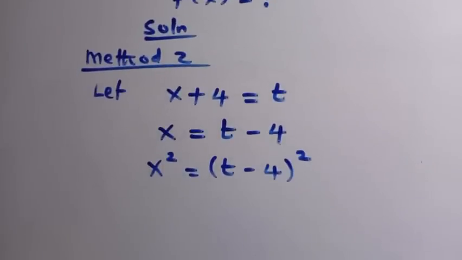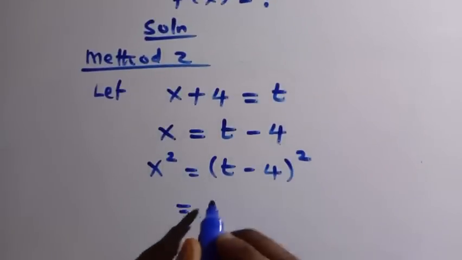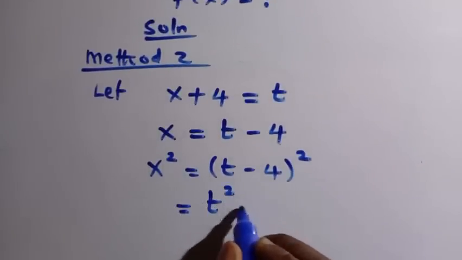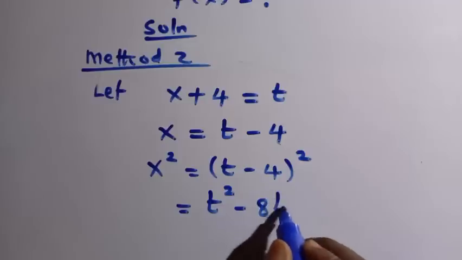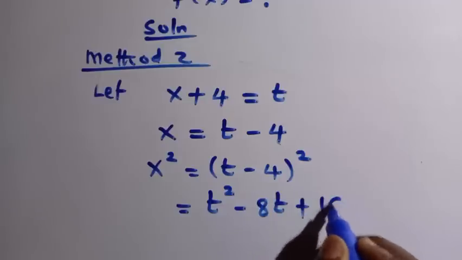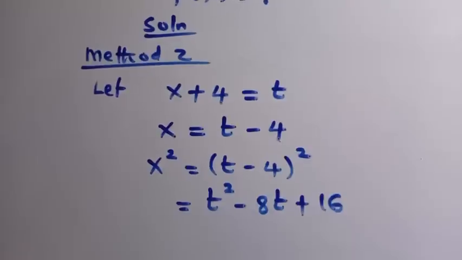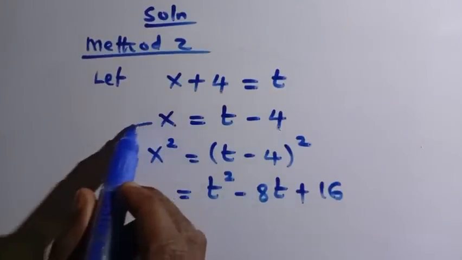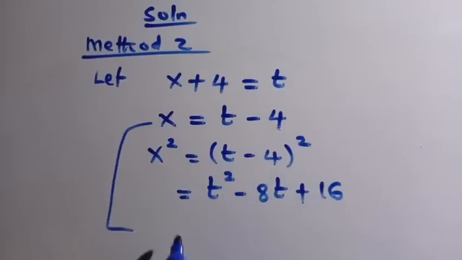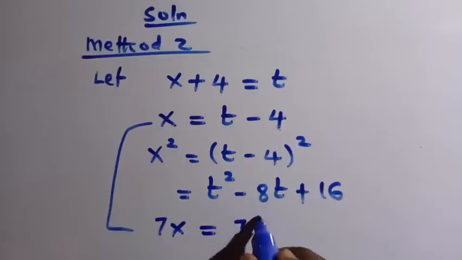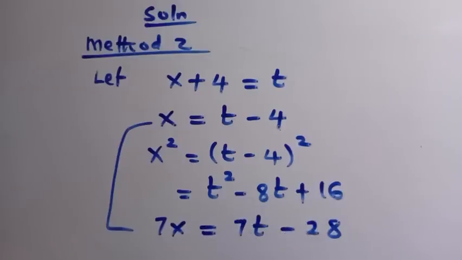When we expand this one, we have t squared minus 8t plus 16. And also we need 7x. If we take out x from here, we have 7x equals 7t minus 28.